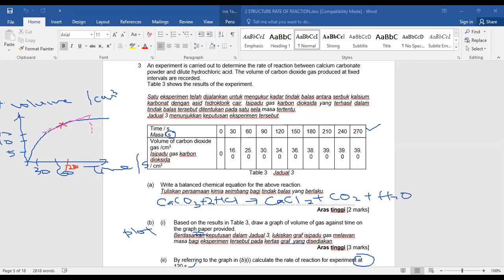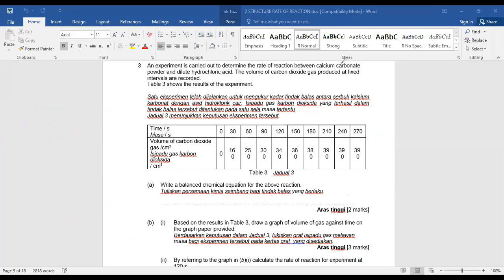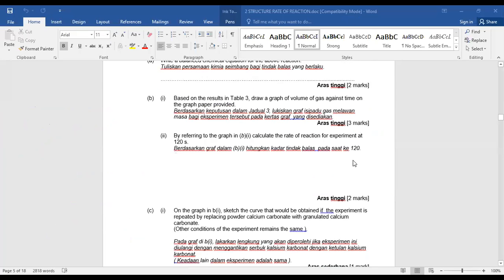Then you draw the triangle and get the coordinates X1, Y1, X2, Y2. Then you use the formula Y2 minus Y1 over X2 minus X1. And your final answer has the unit centimeter cube per second. Okay, this is the instantaneous rate of reaction.